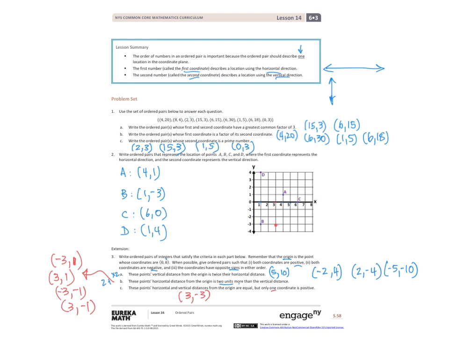How about if I go negative 8 and 8? If I went this way, negative 8, and then went up 8, the horizontal and vertical distance from the origin are equal. Yep, and only one coordinate is positive. That's true. Well, we have that covered too. So I think we're good on our problem set. Fantastic.